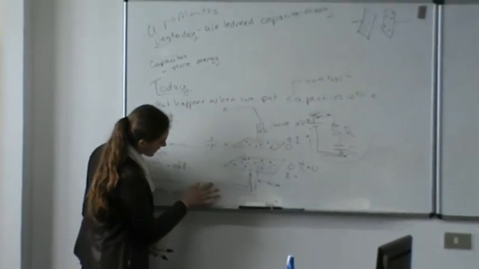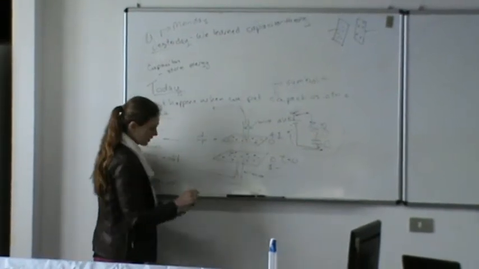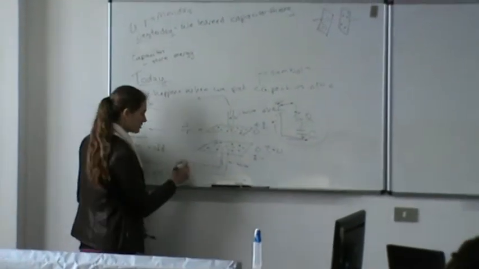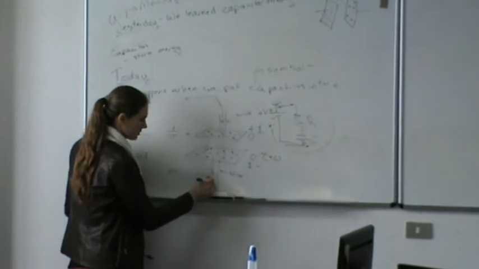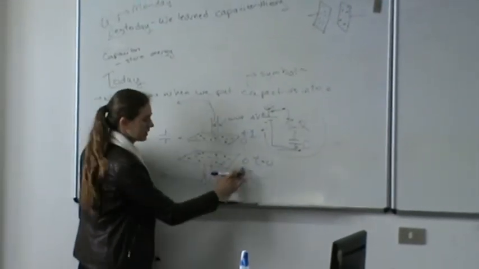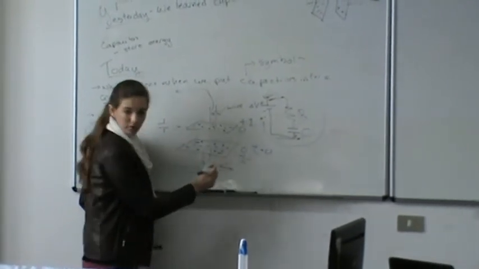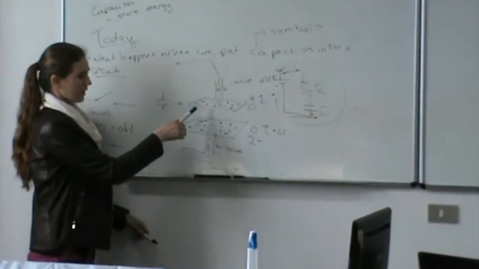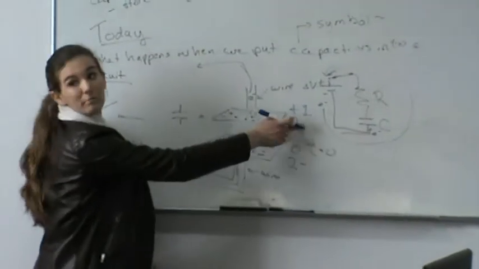So this electron came and went over here. Now we have another electron. This electron comes and it goes up here, and this one goes over here. So now this one is 2 negatives, right? And this one is only 1 positive.